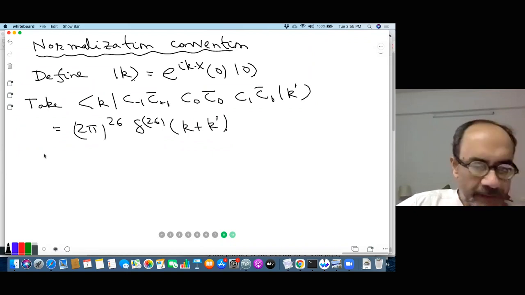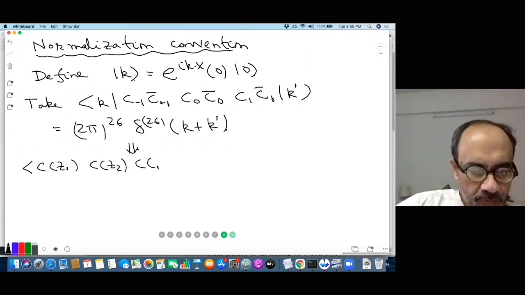So one of the basic correlation functions, let me write down. Using this, one can show that if we take something like this, let me order them so that the signs are correct.